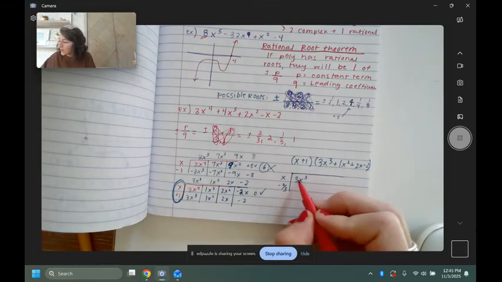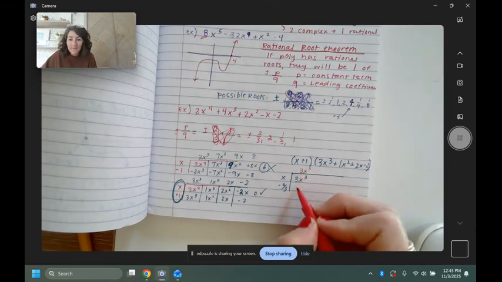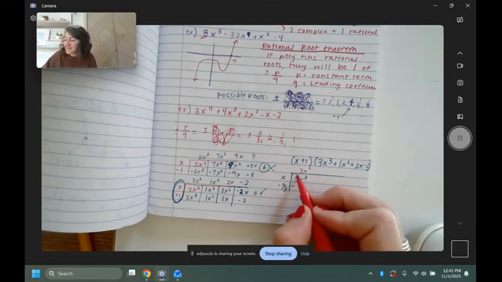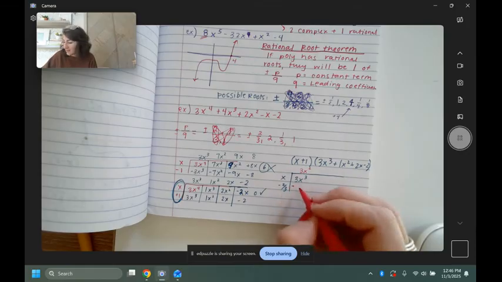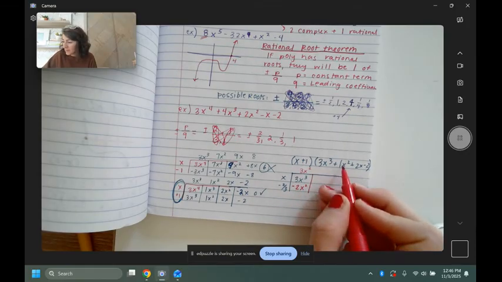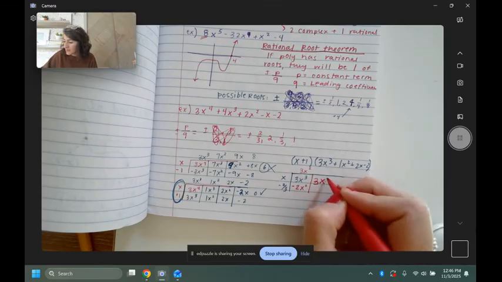Okay, so what multiplies x times what is 3x to the 3rd? 3x squared. If I multiply negative 2/3 times 3, 2 times 3 is 6, divided by 3 is 2. These two need to add up to 1, so 3x squared.